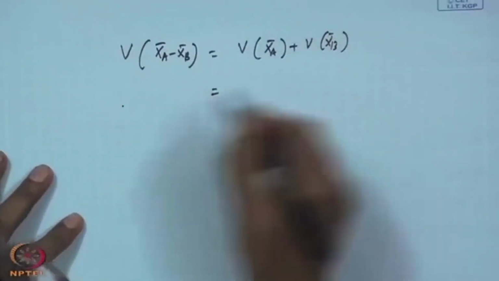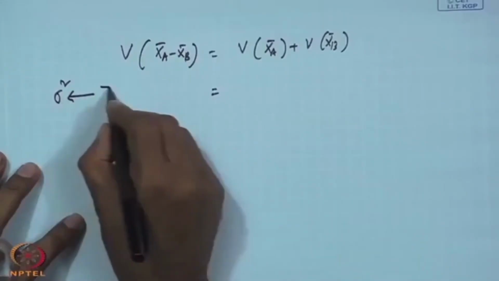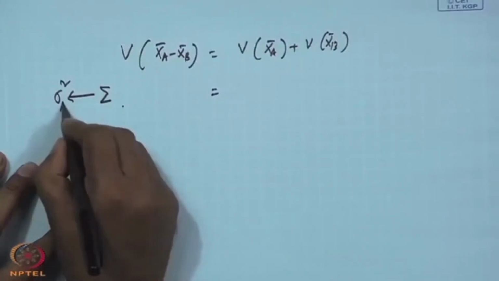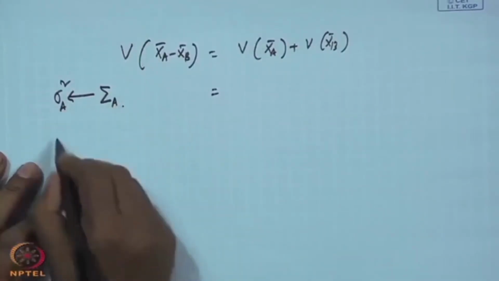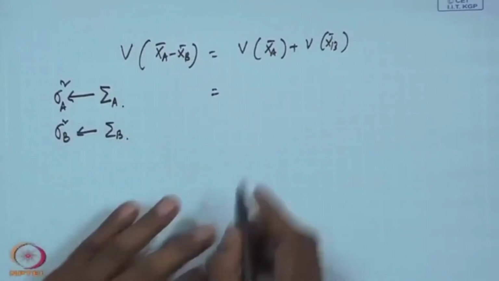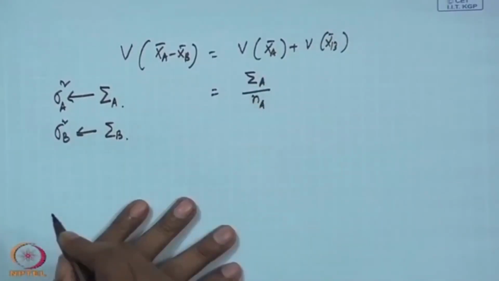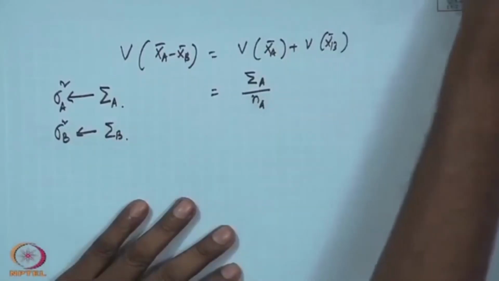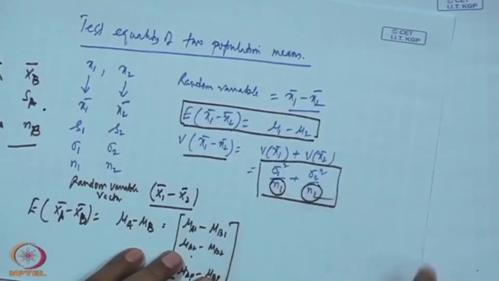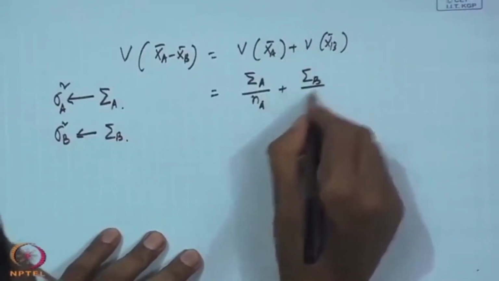If sigma square is the variance for the univariate case, capital sigma is the counterpart in the multivariate case. So, this one will be sigma A by N A, because from the population N1 and N2 are now denoted by A and B, and this will be sigma B by N B.